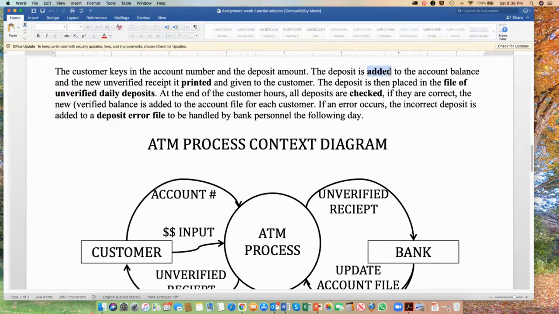So deposit is added, that's a process. There's a file of unverified deposits, which means there's a storage for unverified deposits. And then you check the unverified deposits. So this gives you an idea what processes and what storages are needed for the next level of the data flow diagram.